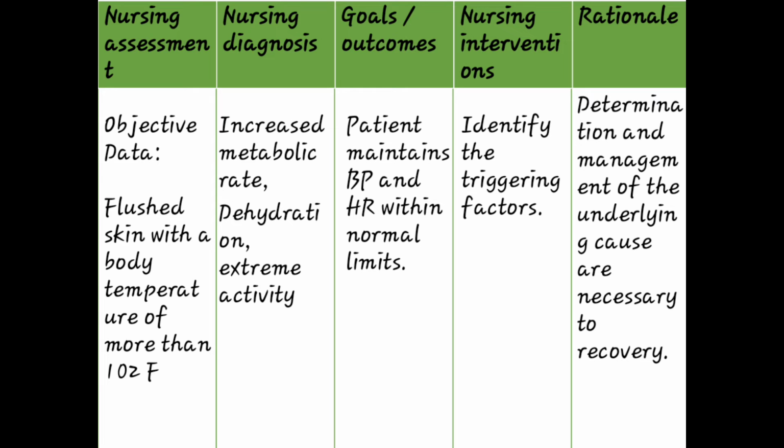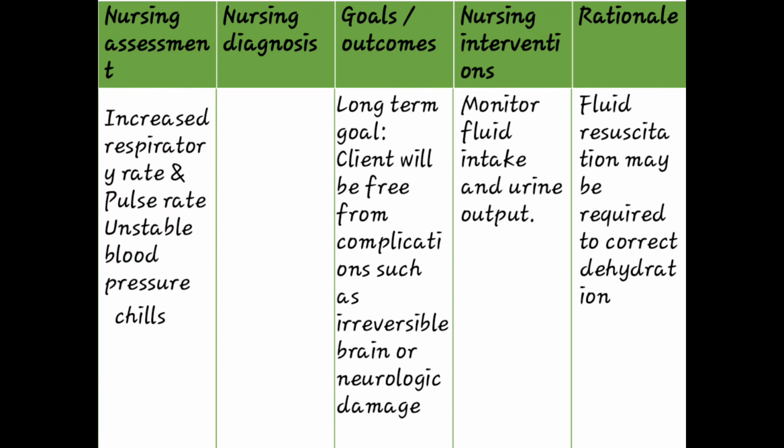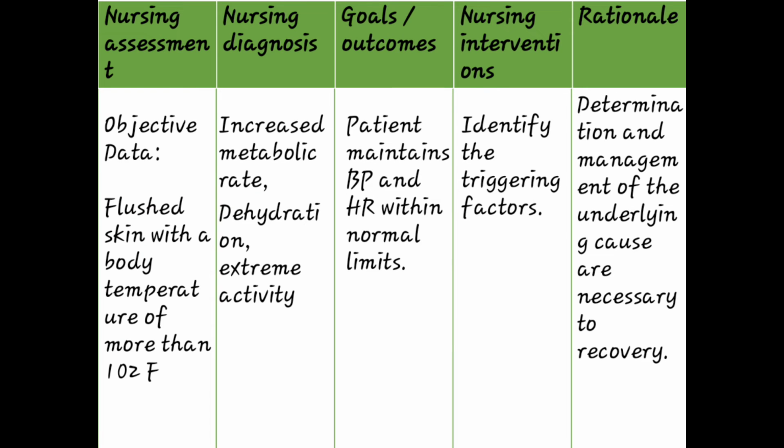If the patient has an elevated body temperature, we can conclude that it is hyperthermia, because by definition a body temperature equal to or greater than 102 degrees Fahrenheit is termed hyperthermia. And further we can look at symptoms like increased respiratory rate, pulse rate, unstable blood pressure, or chills. We can consider these signs and symptoms for the objective assessment.